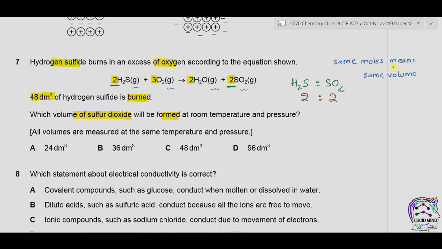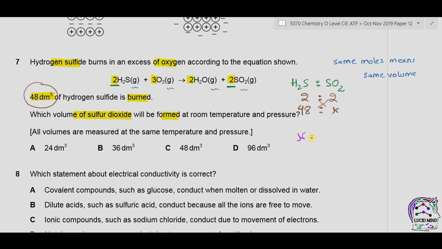As the number of moles can also be written as volume, we can take the ratio between moles and volume. 48 decimeter cube of hydrogen sulfide is burned, so we can write 48 decimeter cube for hydrogen sulfide. So how much volume of sulfur dioxide will be formed? Let's cross multiply.